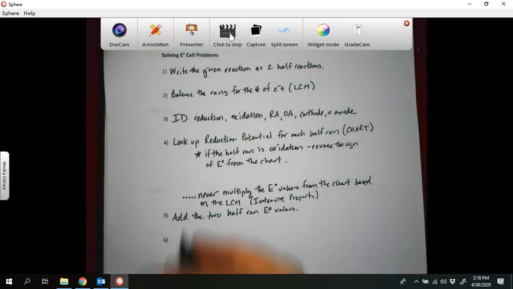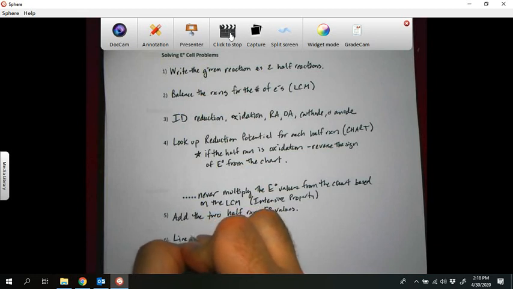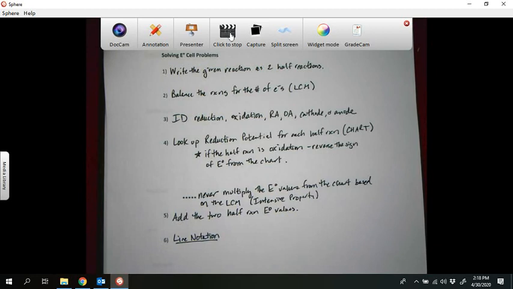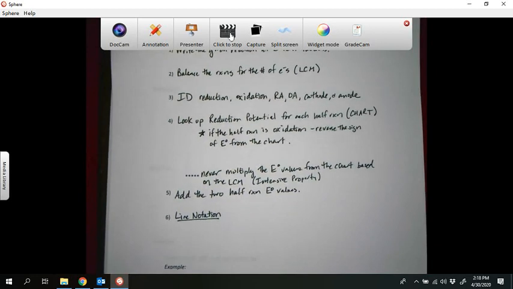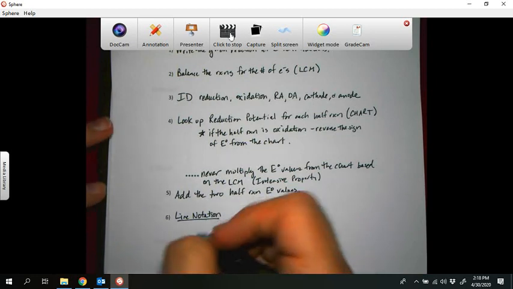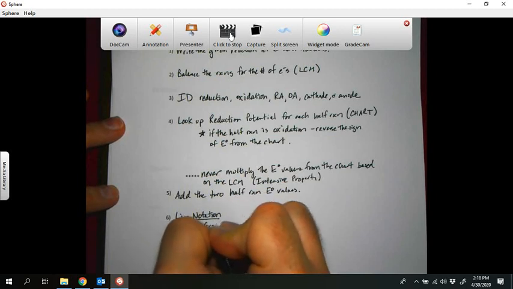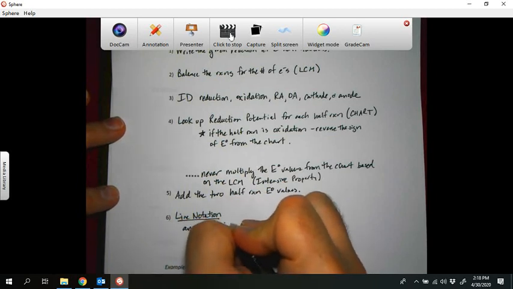And our last thing we're going to do is learn something called line notation. This is just a shorthand that chemists use to tell what is the makeup of a galvanic cell. We write the anode first and the cathode second.